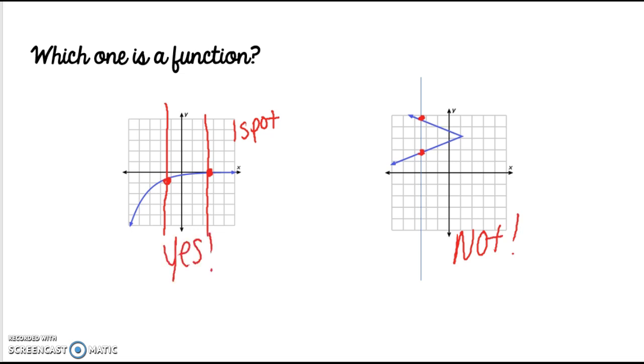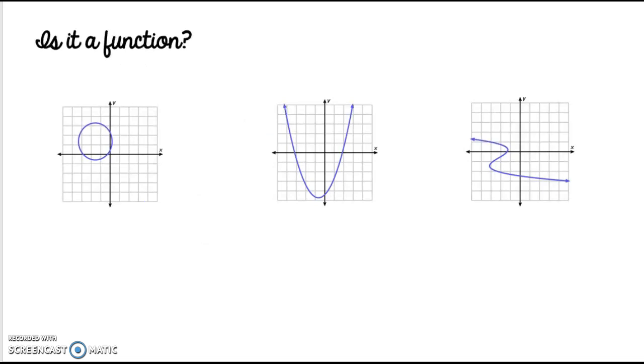So that vertical line test helps us determine if it's a function or not. So again, if it hits it in one place, it is a function. If it hits it in 2, it is not a function. So I encourage you to go ahead and pause right here and determine which ones are a function or not.